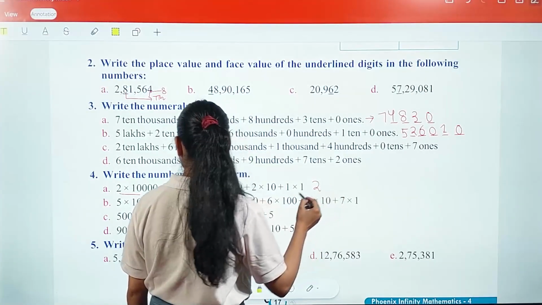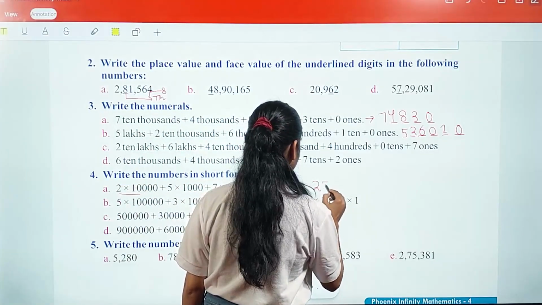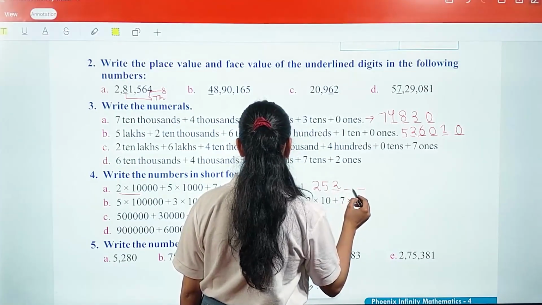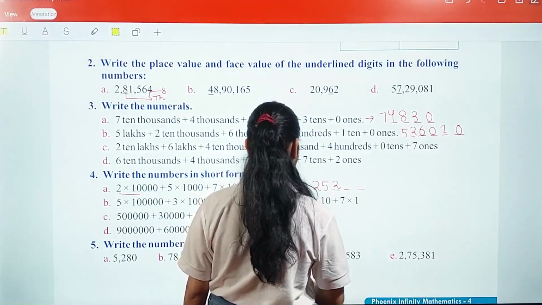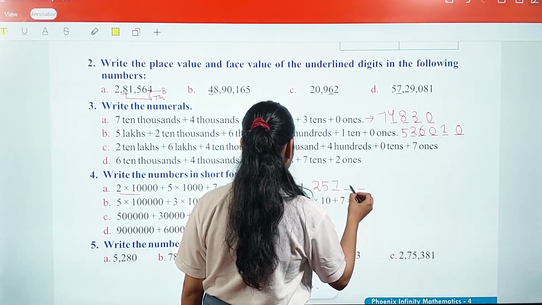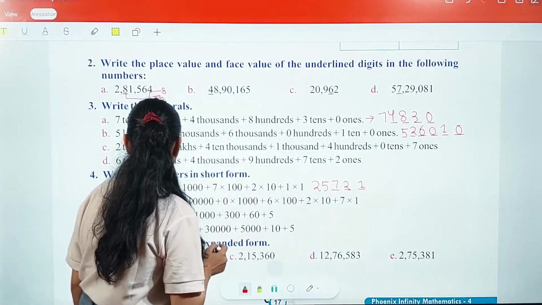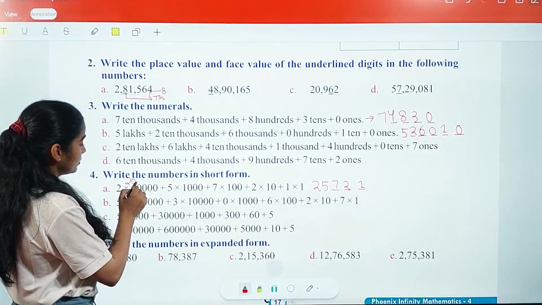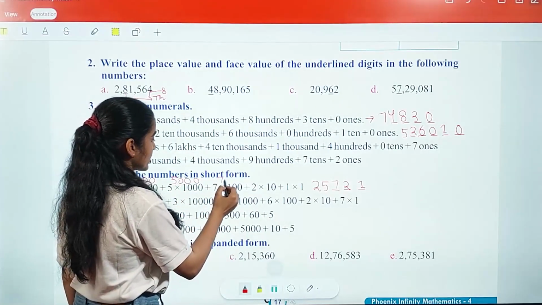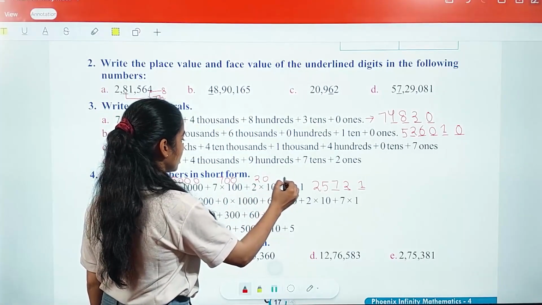Plus 1 is... 25,700. 721. So 20,000 plus 5,000 plus 700 plus 20 plus 1.